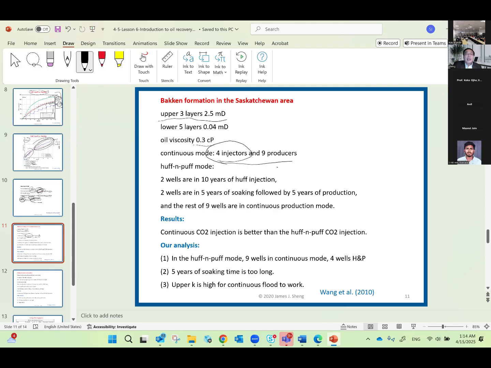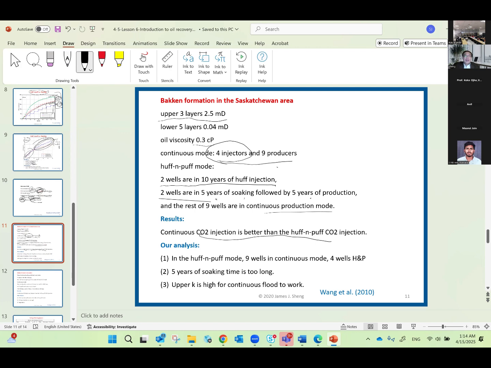So they tried to use 2 wells for 10 years Huff-n-Puff, with 5 years soak and 5 years production. And then the rest of the 9 wells are continuous production. So in total there are 13 wells, right? What are the results? They found continuous CO2 injection is better than Huff-n-Puff.